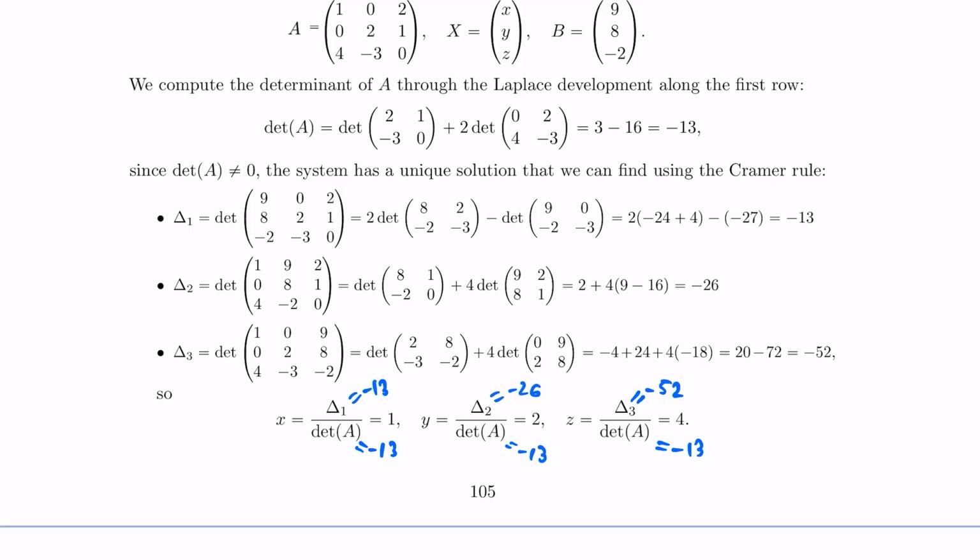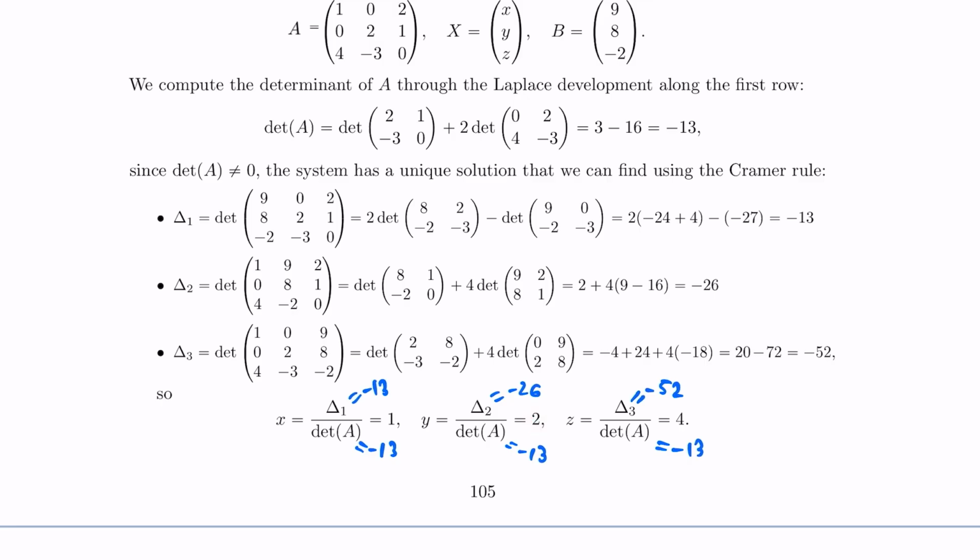In order to find the entries of the unique solution, we have x given by delta 1 divided by the determinant of A, minus 13 divided by minus 13, which is 1. Then y is delta 2 divided by the determinant of A, minus 26 divided by minus 13, which gives 2.